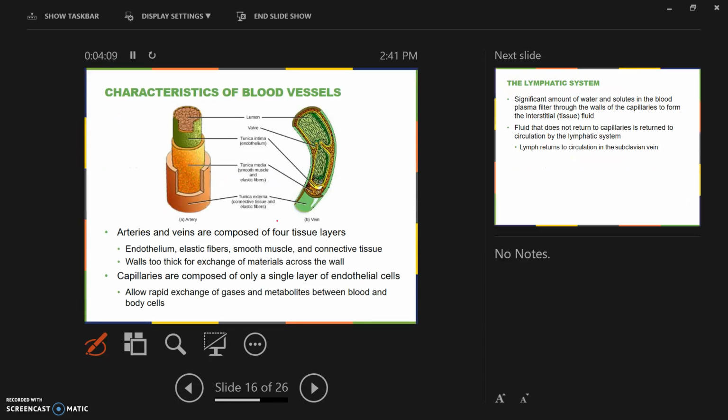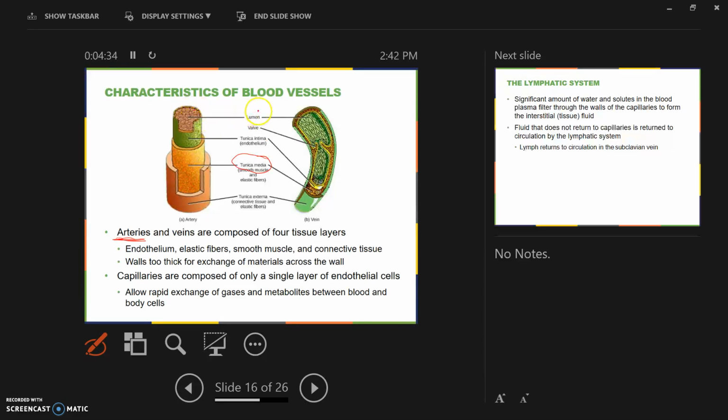Differences in arteries and veins. The arteries have a very thick muscular layer called the tunica media. It's very thick, whereas veins have a thin tunica media, and arteries have a smaller lumen.